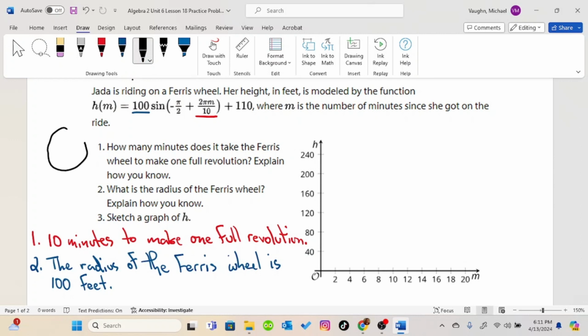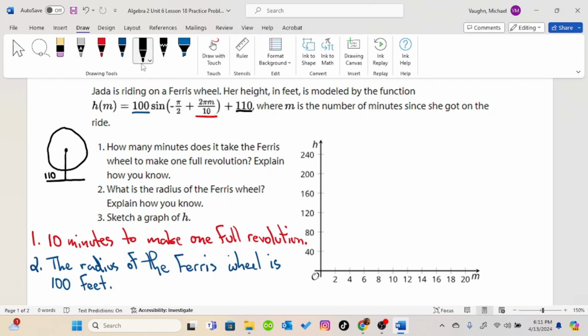Imagine your Ferris wheel, and we know the center is 110 because that is our midline. So we know from the center to the ground is 110.